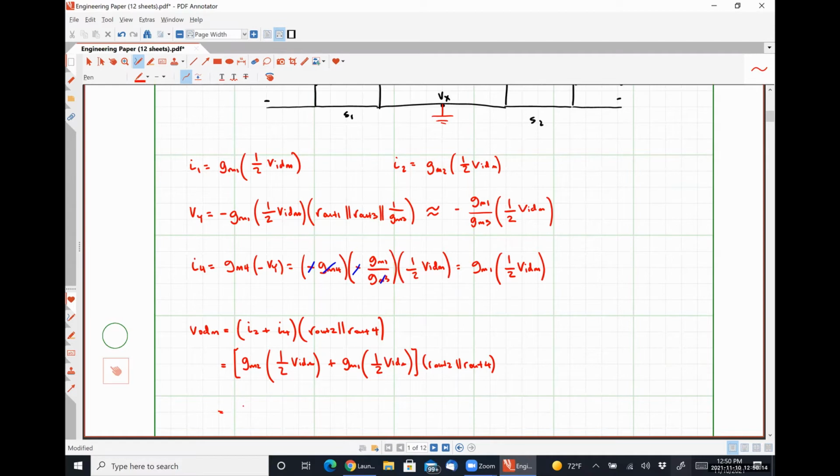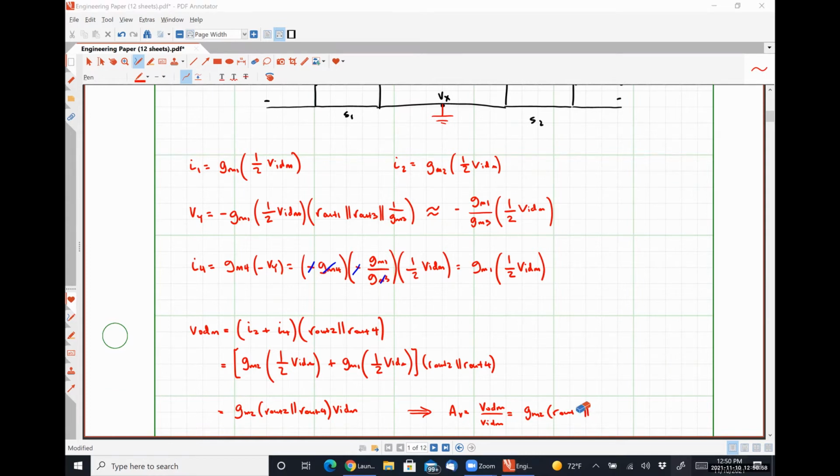And so we can say that this is simply GM2 multiplied by R out 2 in parallel with R out 4 multiplied by 1 whole VIDM, giving us a voltage gain AV, VODM divided by VIDM, of positive GM2 times R out 2 in parallel with R out 4.